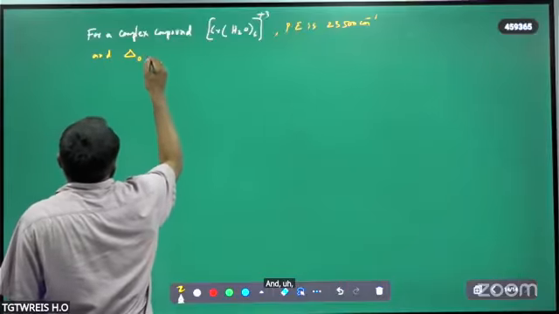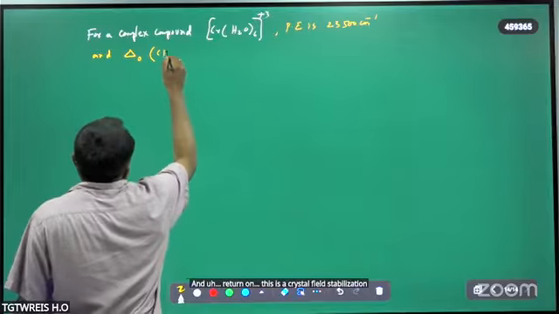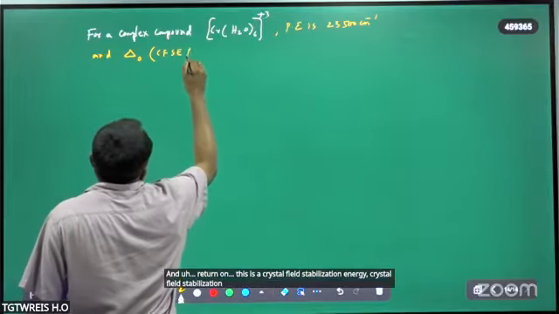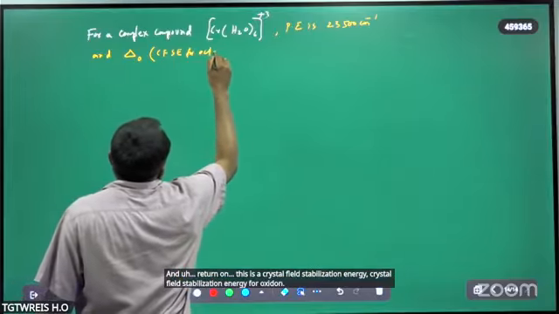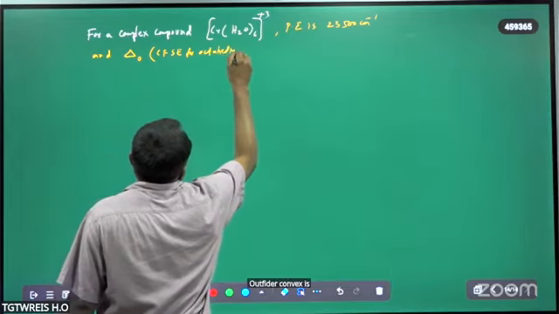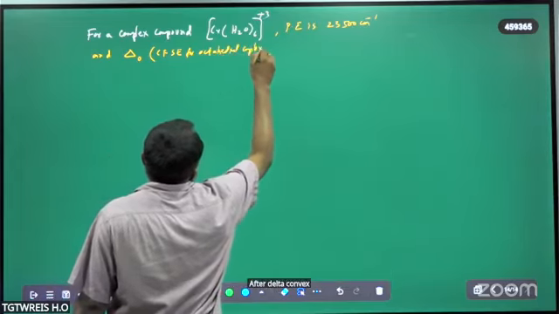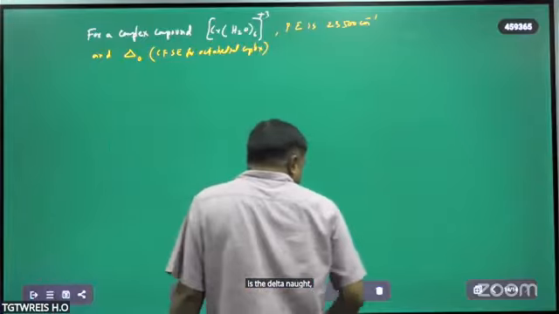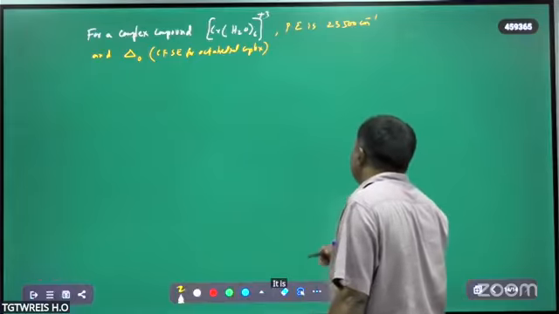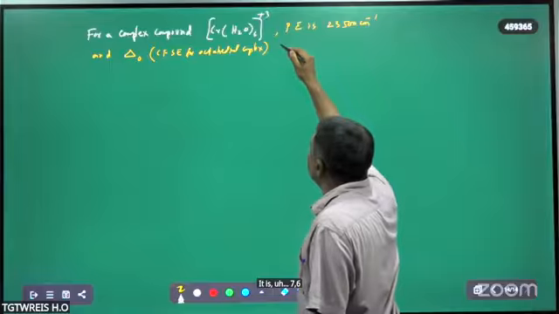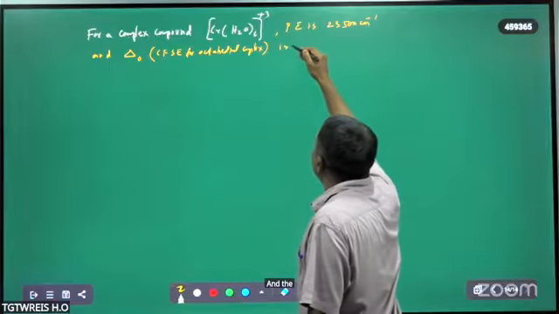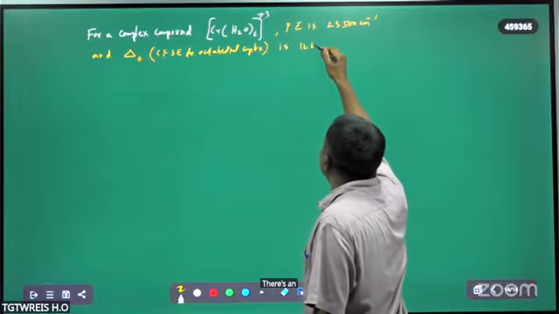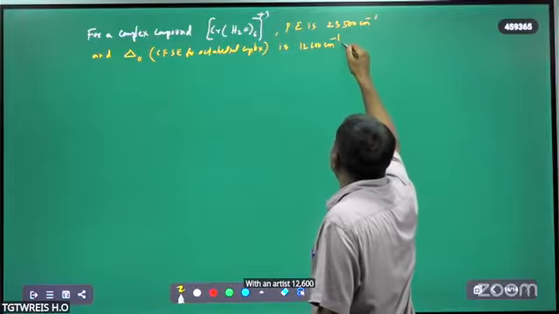And delta naught, the crystal field stabilization energy for an octahedral complex, is 12,600 cm⁻¹.